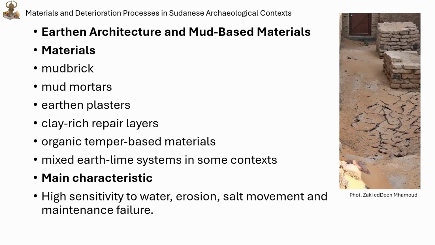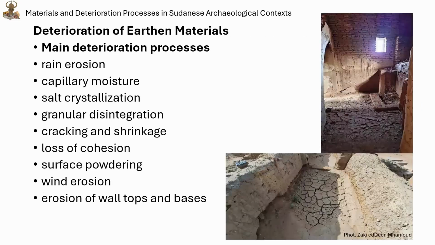The problem is that these earthen materials require environmental understanding and regular maintenance. Water, salt, also wind erosion, and loss of protective surface can quickly transform minor damage into a structural failure.